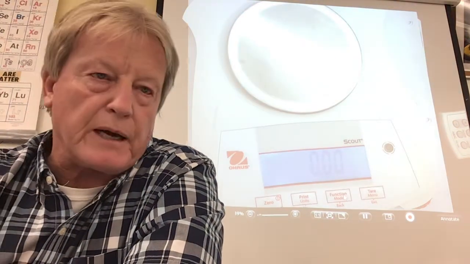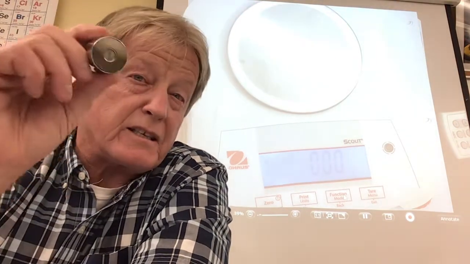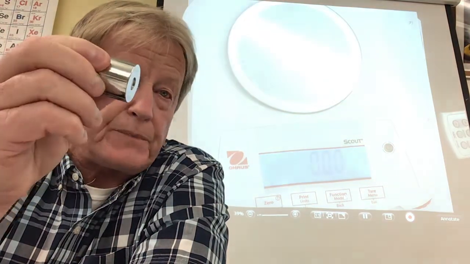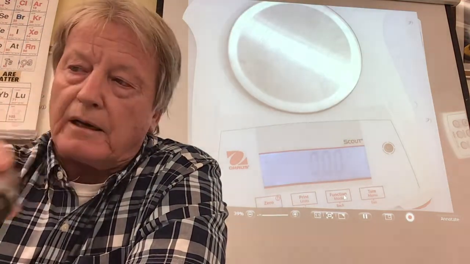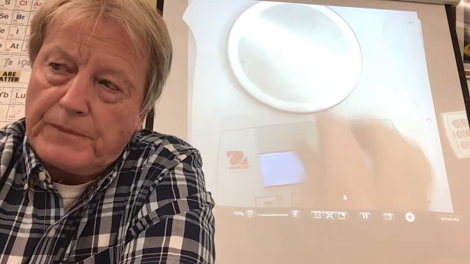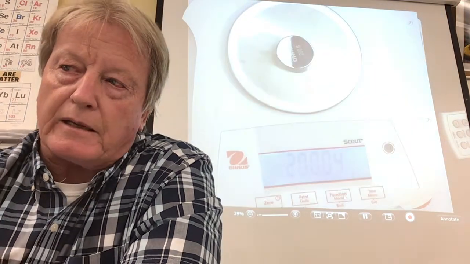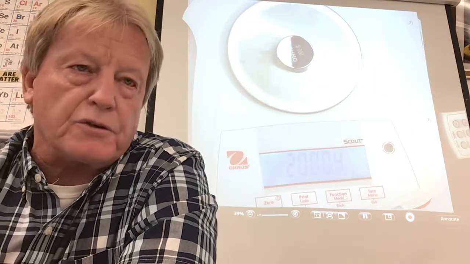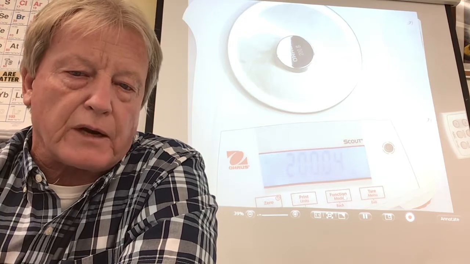I want to show you that when you buy these, they do come with a standard. We talked about standards last time, and this balance here, even though it's not exactly balanced, it has a little bubble here to balance it, but it's on a piece of paper, so I'm going to put it on there anyway. And that mass is a standard 200.00 gram mass.